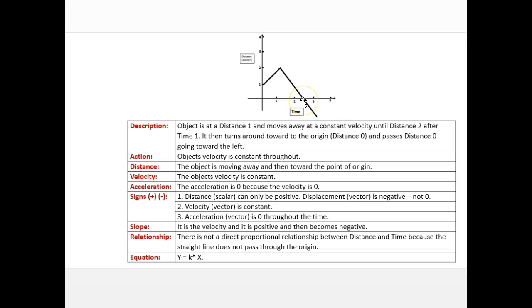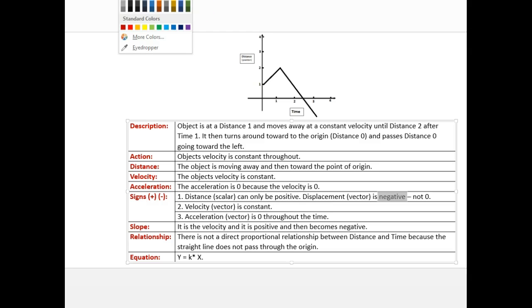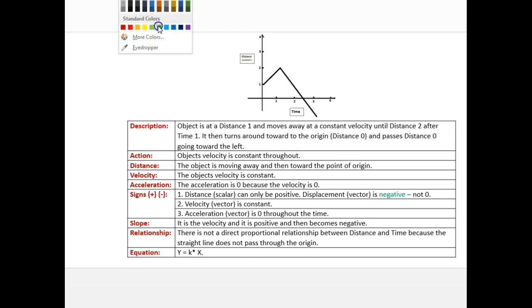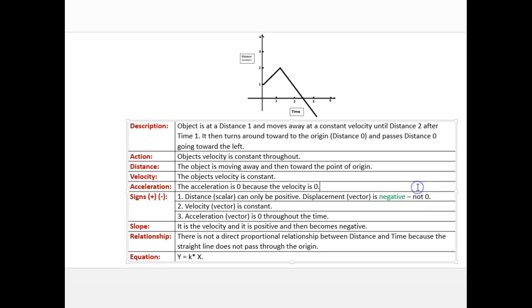Now in this case, the distance continues to be positive because distance is a scalar, but the displacement, which is a vector, is going to be negative. It's not going to be 0, but it's going to be negative at this point.